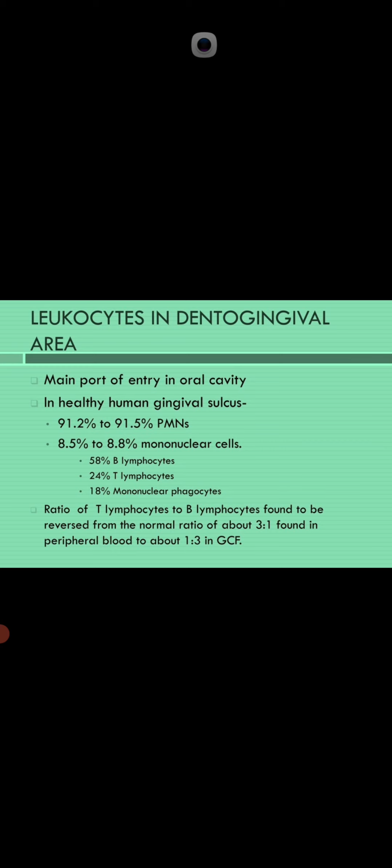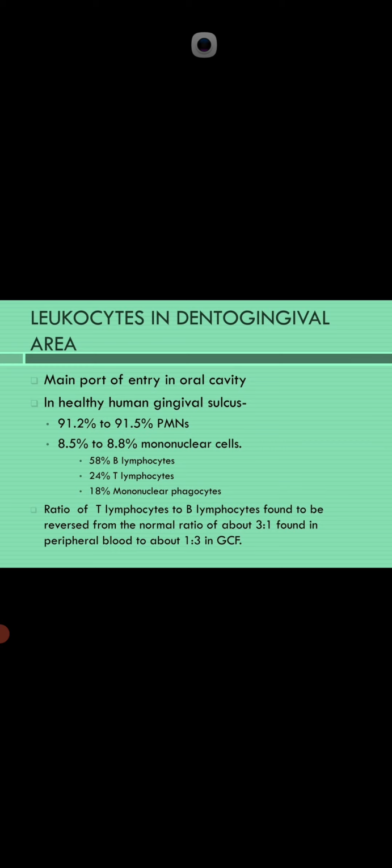Next is 8.5 to 8.8% mononuclear cells. Then in the mononuclear cells there are 58% B lymphocytes, 24% T lymphocytes, 18% mononuclear phagocytes. Now, this is very, very important for MCQs.